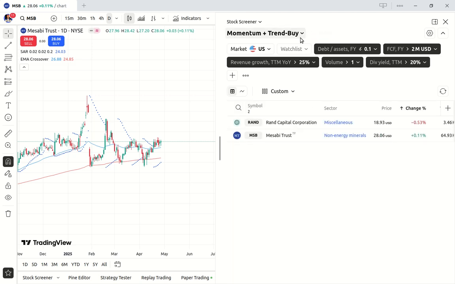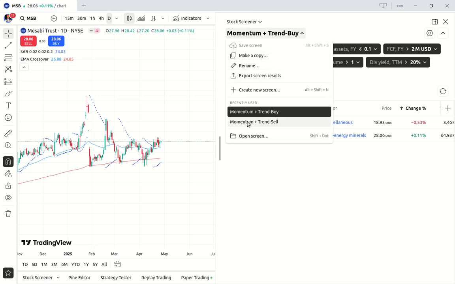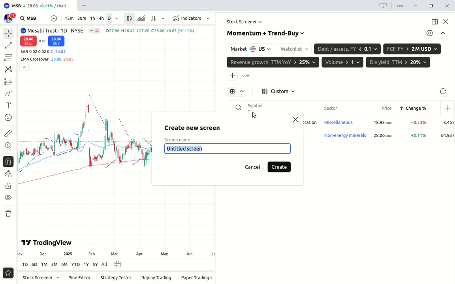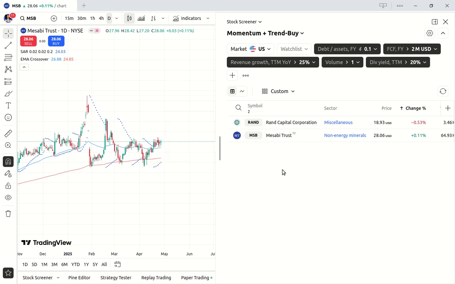So basically we can compare, let's create a new one. I just want to create a new one.